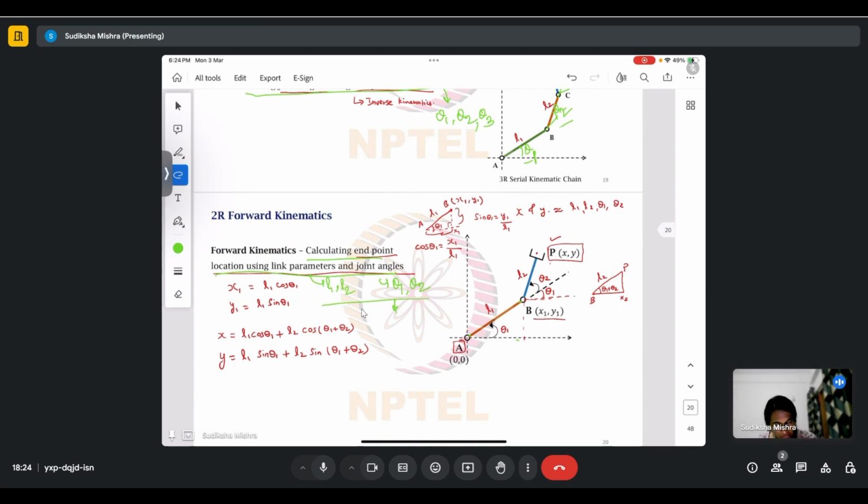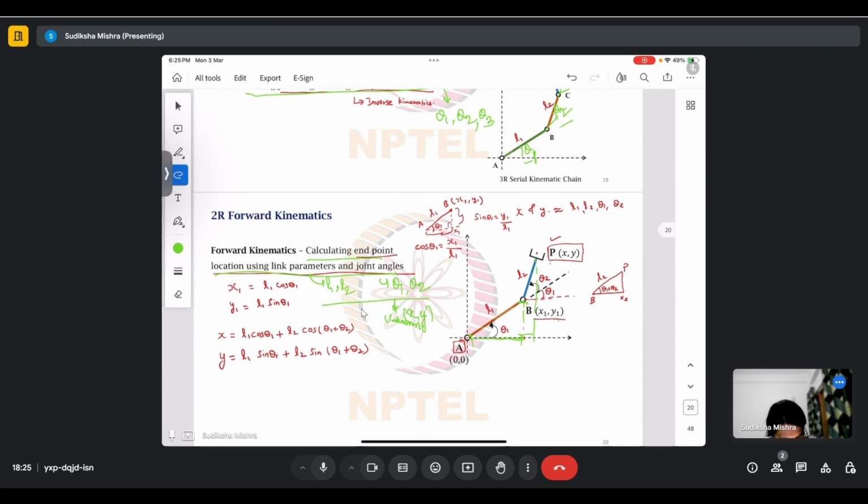So these are the knowns. What we need to find is x, y, the unknown. You know x1, y1, kind of. If this is this particular length, you know it because you know L1 and theta 1.